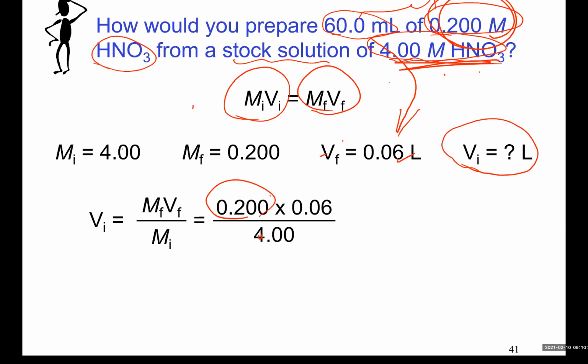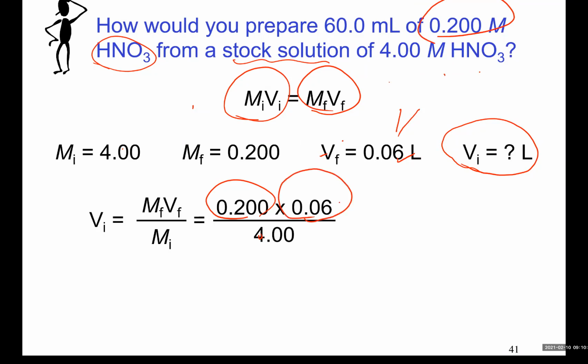So now, all I have to do is plug in the numbers given by the problem. Final molarity, is it 0.2 molar? Final volume, is it 0.06 liter? Divided by initial molarity. The problem said the acid that you have to start with is 4 molar. So I write 4 molar here.